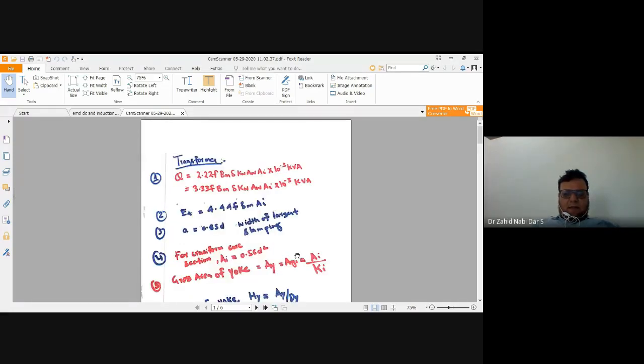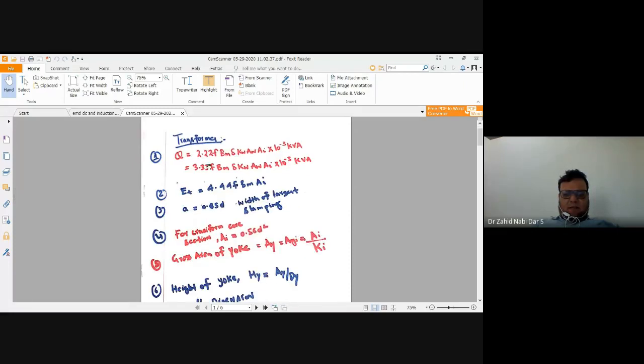Whenever the design step is given, the first thing you do is calculate the value of Ai. You get Ai from EMF per turn. EMF per turn would be E divided by the number of turns. This is a transformer, not number of poles.